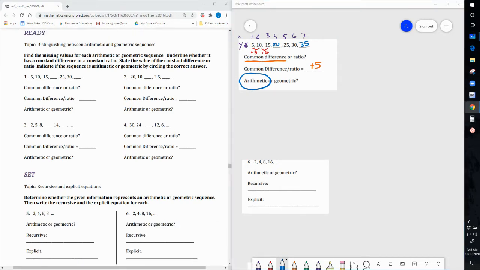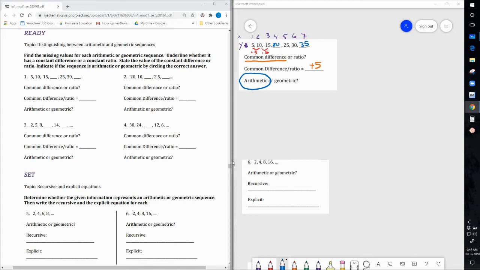All right. The next set of problems says, determine whether the given information represents an arithmetic or geometric sequence, then write the recursive and the explicit equation for each. All right, so the very first thing I want to do is figure out what this sequence is doing. So I chose number 6, so it'd be a little bit different than number 1.